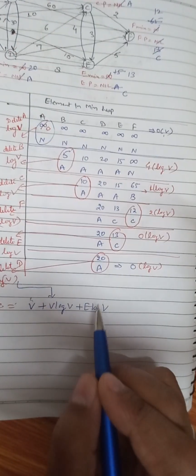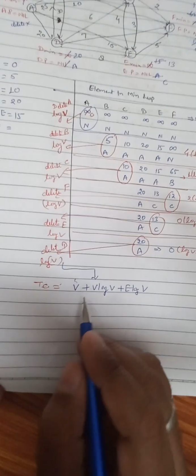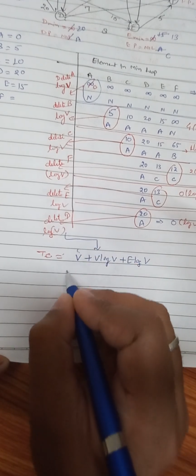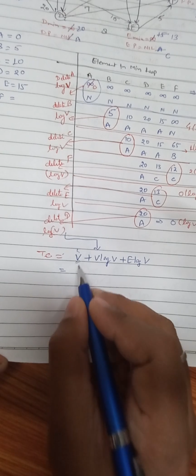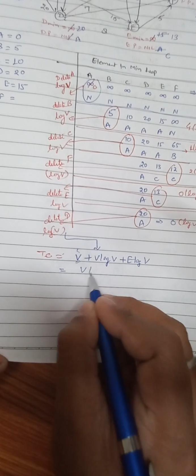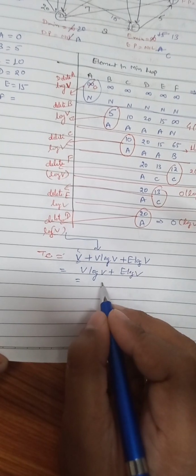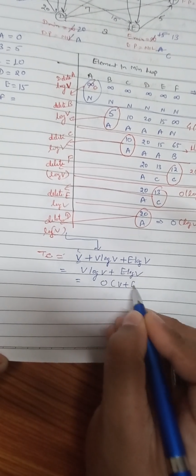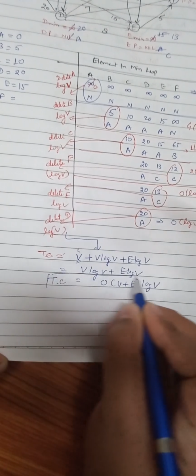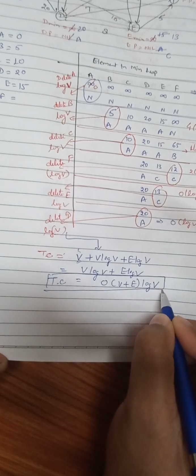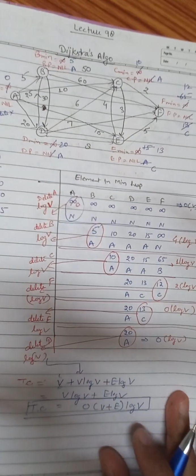So it will be plus E log V and the total number of vertices. If we add them, we are not going to add this, because we take the maximum, so V log V plus E log V, or we can say order of V plus E log V. This is the time complexity of the Dijkstra algorithm.